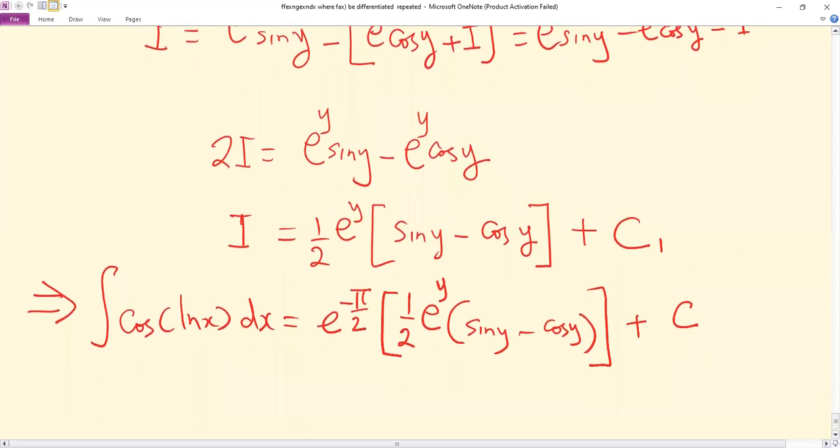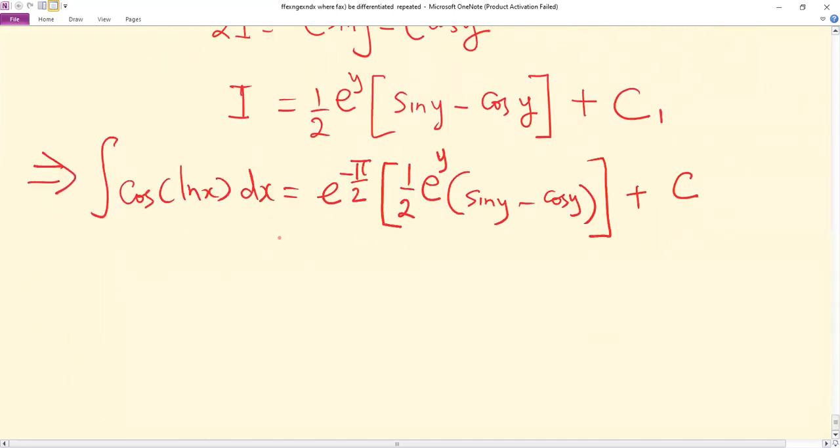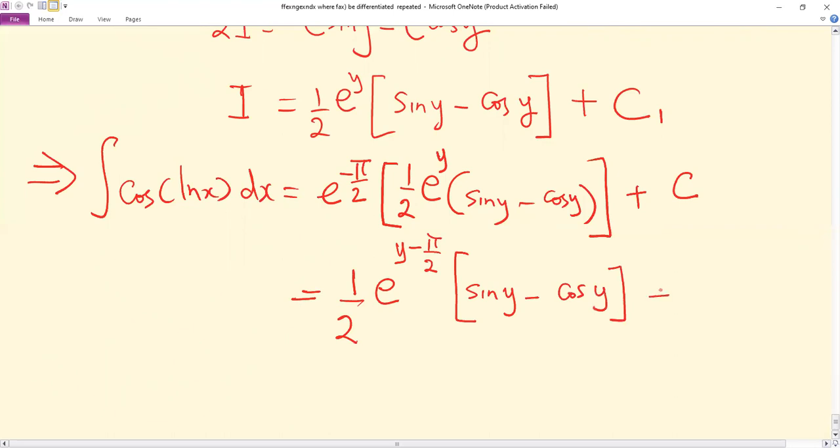So which can be written as a half. Now law of indices is the same as e raised power y minus pi over 2 into sine of y minus cosine of y, plus c.